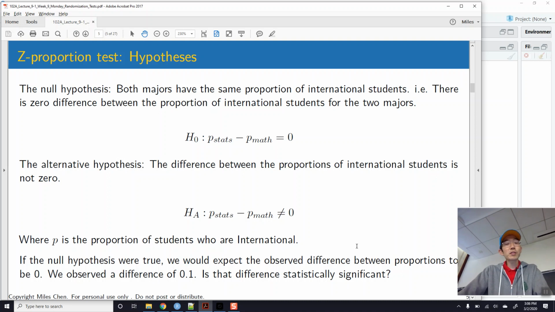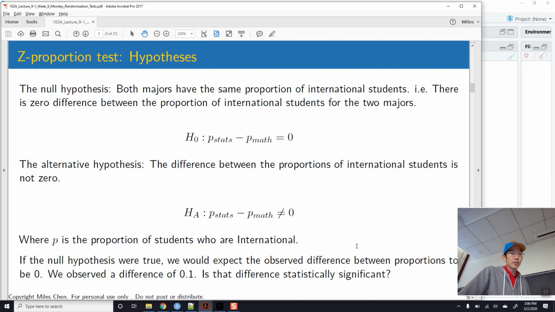The alternative hypothesis would be that there is a difference, that this difference is not 0, so P stats minus P math is not equal to 0. How many sides are there to this test? Two. The not equal sign makes it a two-sided test, or what we might call a non-directional test.